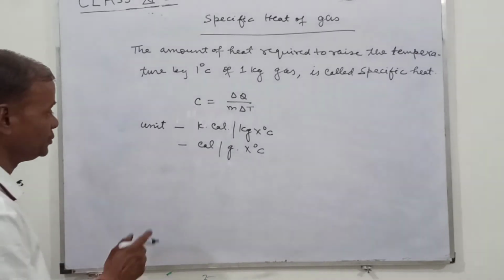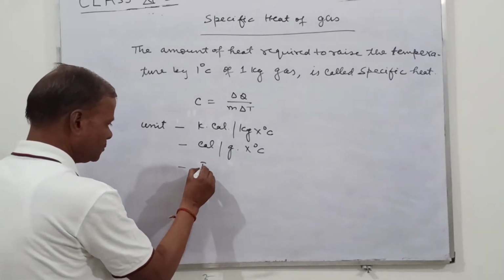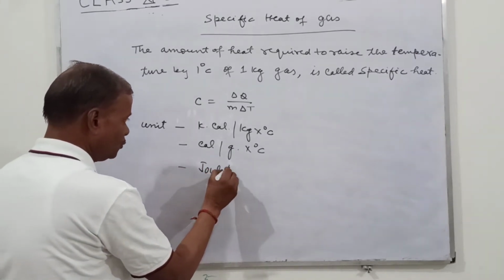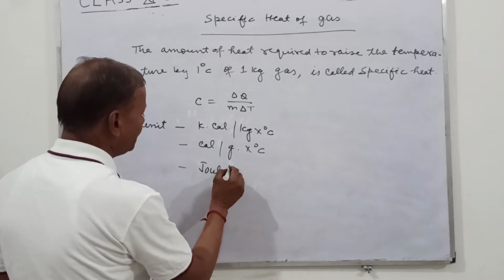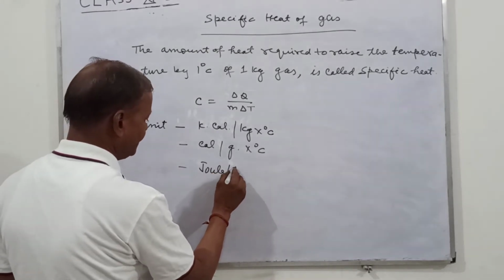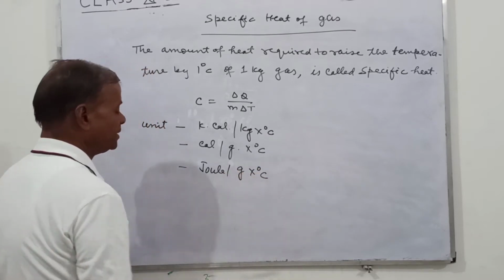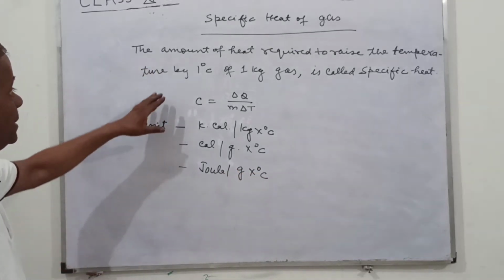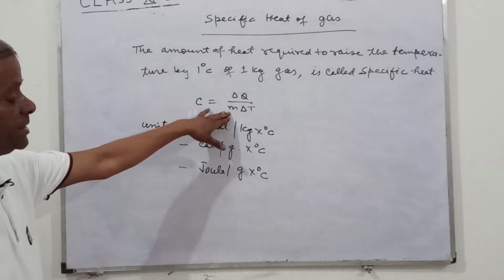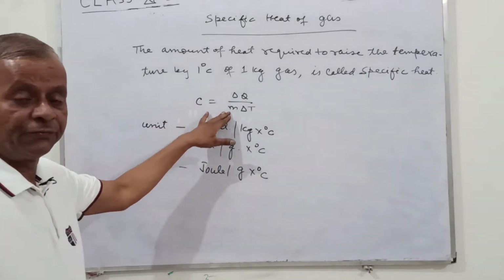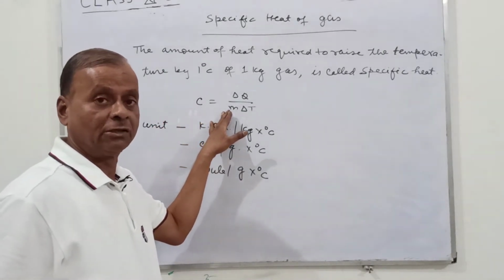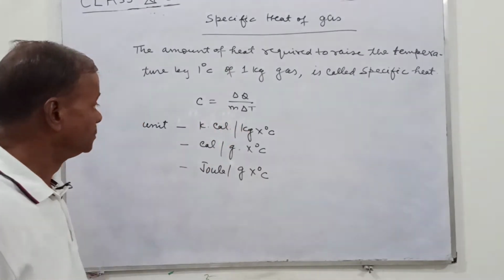Calorie is also taken in joule, so joule per gram degree centigrade. And when the mass of the gas is taken in the form of moles, then this is called the molar specific heat.